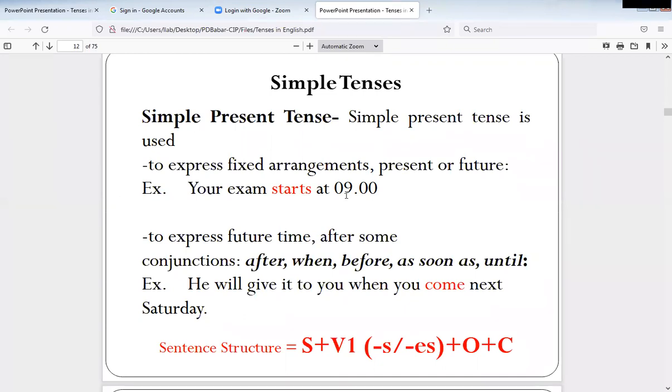Fixed arrangements means, for example, if your exam is starting at 10 o'clock, or at 2 o'clock or 3 o'clock, then you will have to express those sentences with the help of the simple present tense.